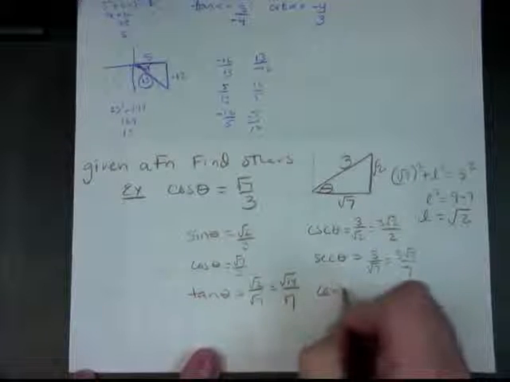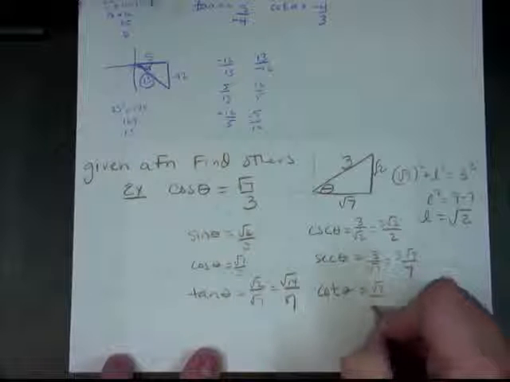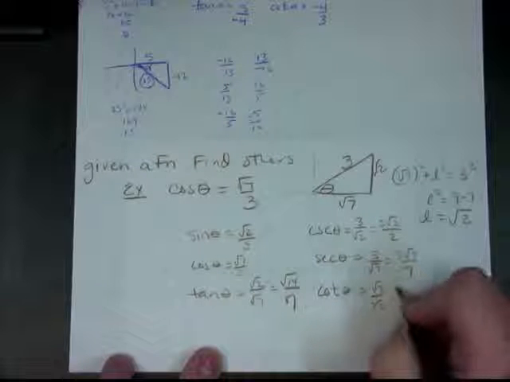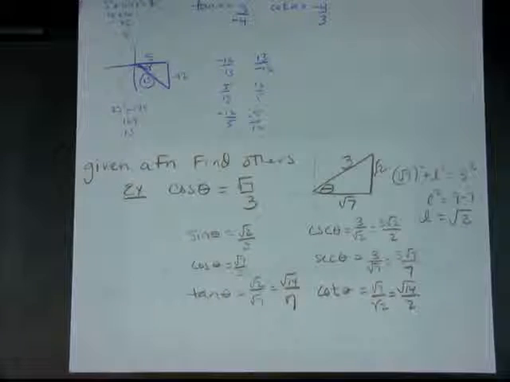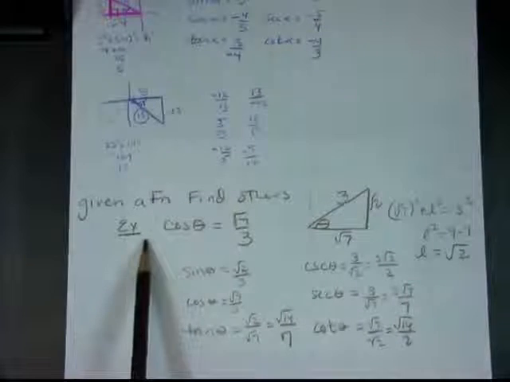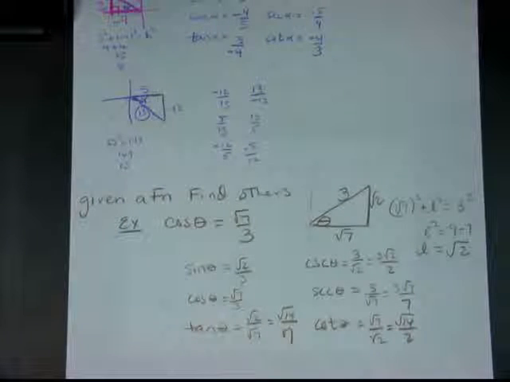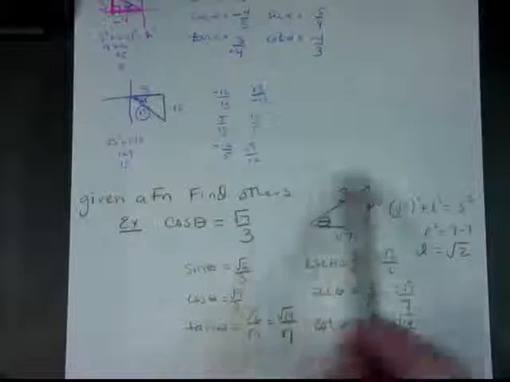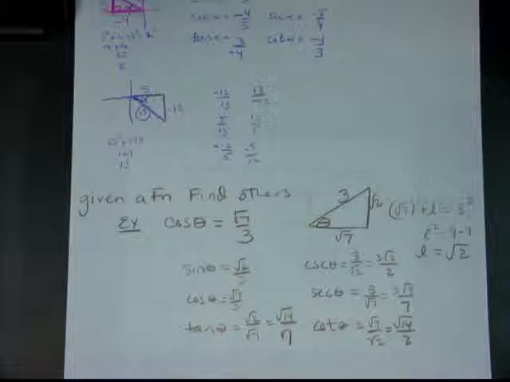And cotangent, I could just flip this, so √7/√2 is √14/2. So whether you're given a point or given a function, either way you're going to create a triangle. You're going to do the Pythagorean theorem to find the missing side, and then use that triangle, now with all sides, to find the relationships of the functions.